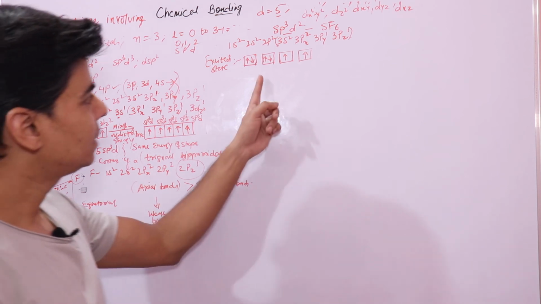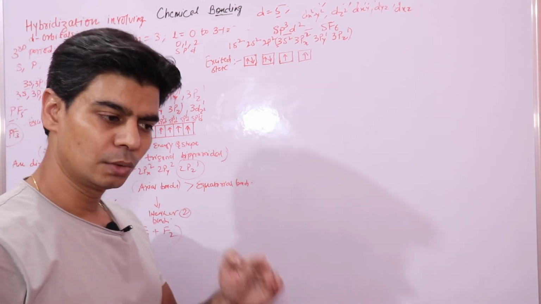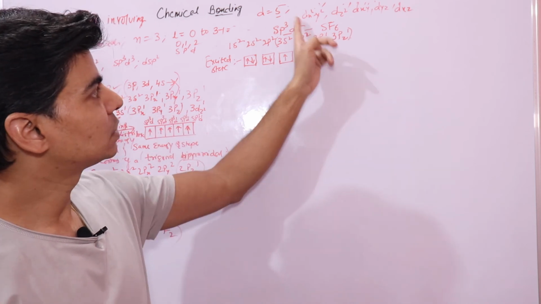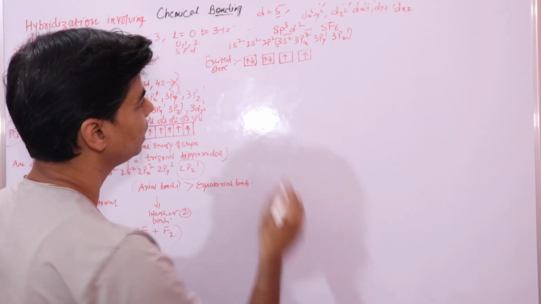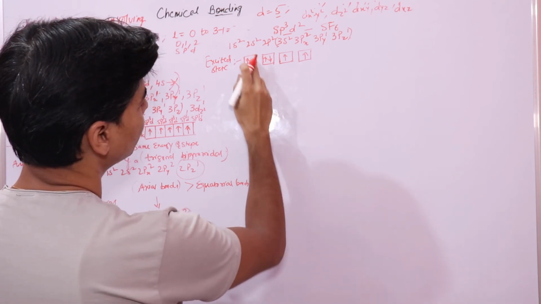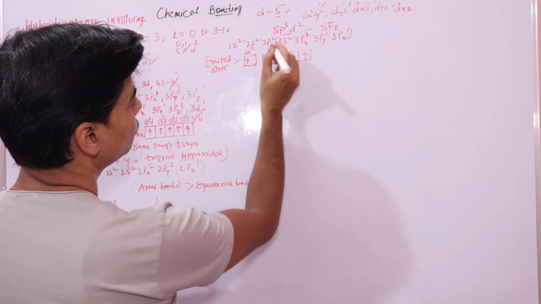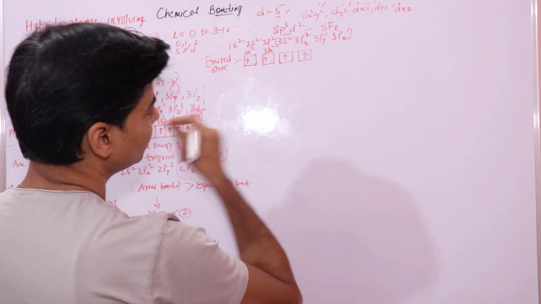Now we say that an electron from the 3s orbital and the 3px orbital would be promoted to the 3dx square minus y square and 3dz square orbitals, right? Empty d orbitals. So one electron will move from 3s2 and the other electron will move from 3px2, right? The 3px orbital.